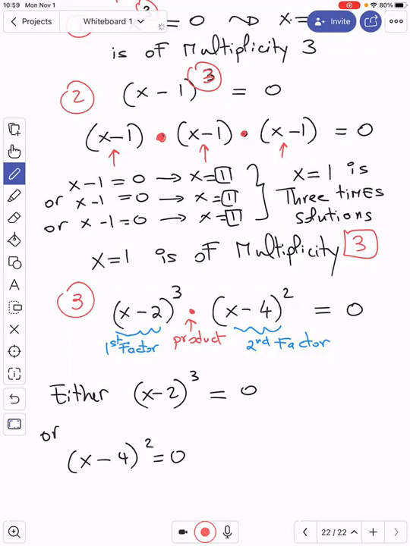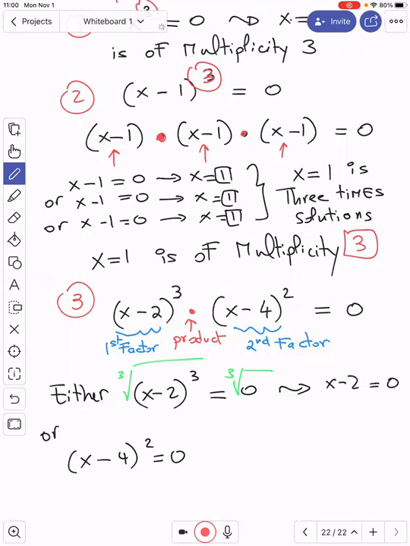You want to solve (x minus 2) cubed equal to 0. Of course, you can just apply the third root on both sides, and you're going to have just x minus 2 equal to 0.